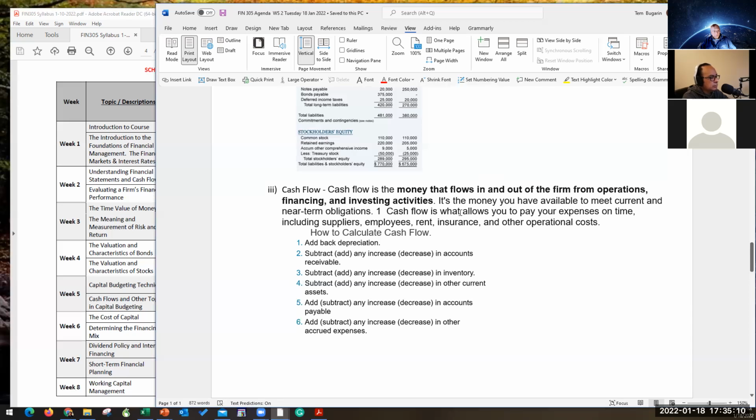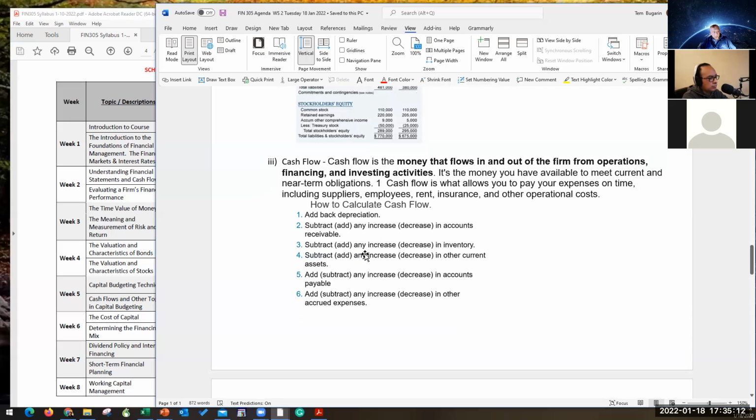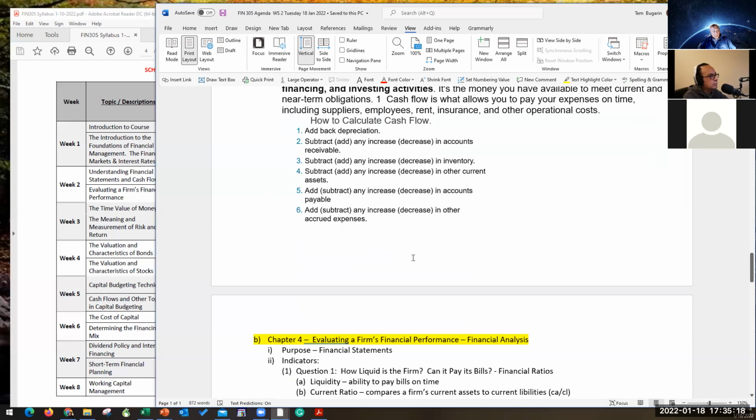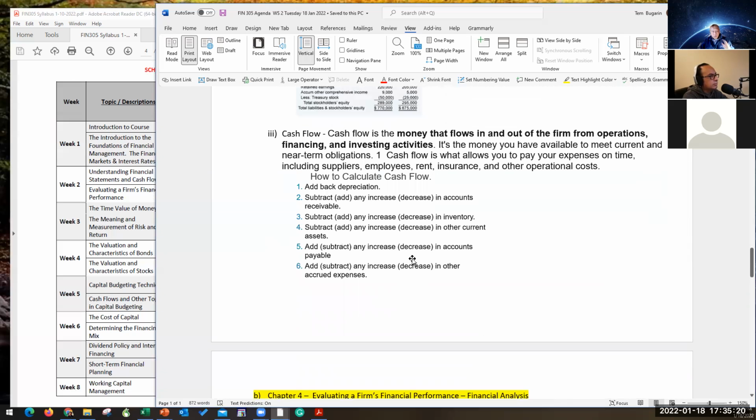Here in the book, it says how to calculate cash flows. It has 6 steps. So that's 3 important elements that you need to really fully understand: the balance sheet, the income statement, and cash flow.